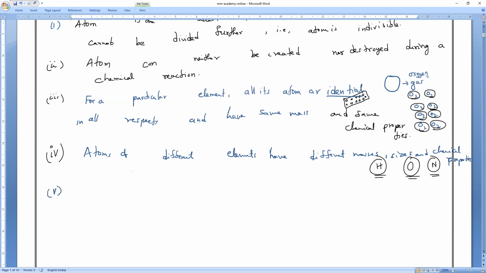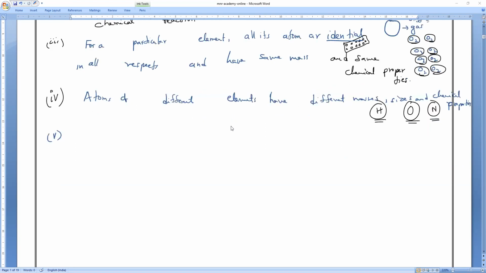Next, fifth point. Now, this is based upon the second law of chemical combination. What is the second law? Constant composition. The law of constant proportion, not combination.